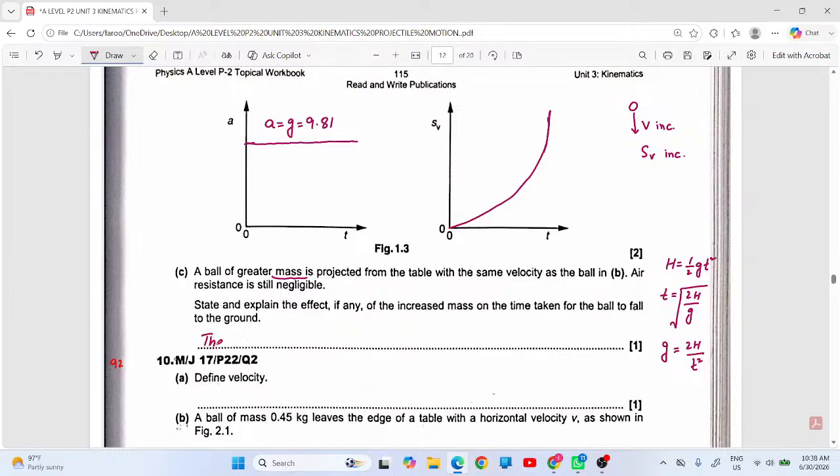So we write: the acceleration due to gravity does not depend upon the mass.